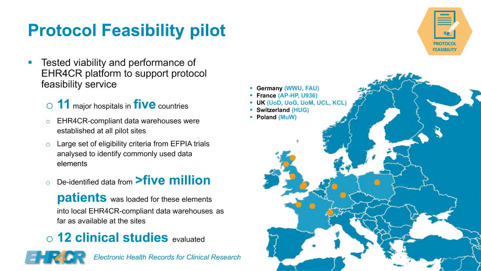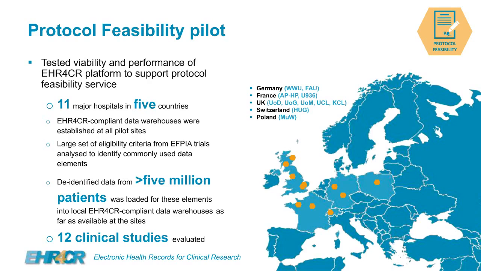As part of the project, we reviewed a very large number of clinical trial protocols and looked for common data elements that were relevant to eligibility for those trials. And we compared those elements with elements that commonly exist within the data warehouses of typical hospitals.